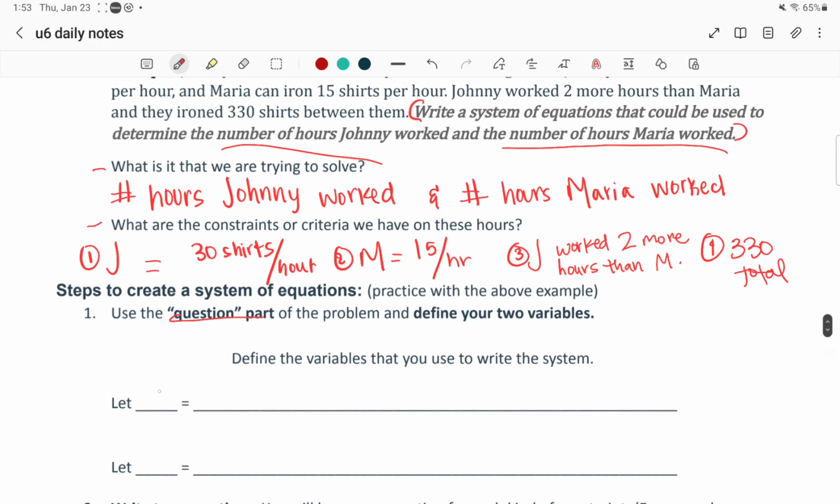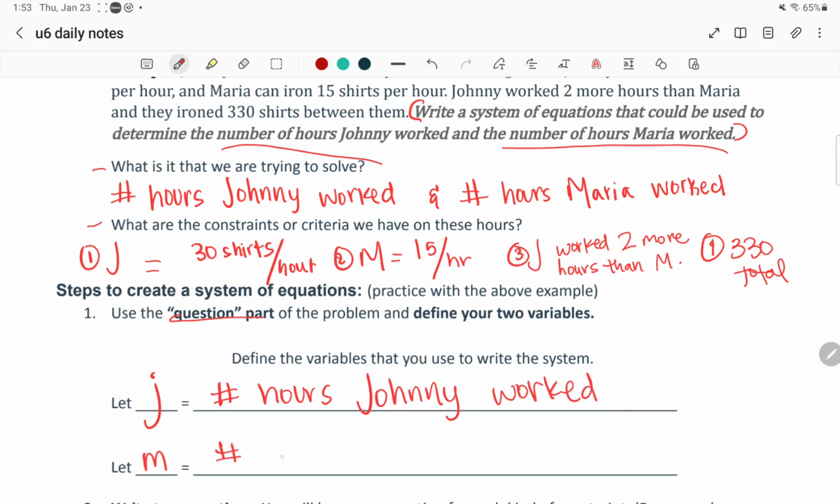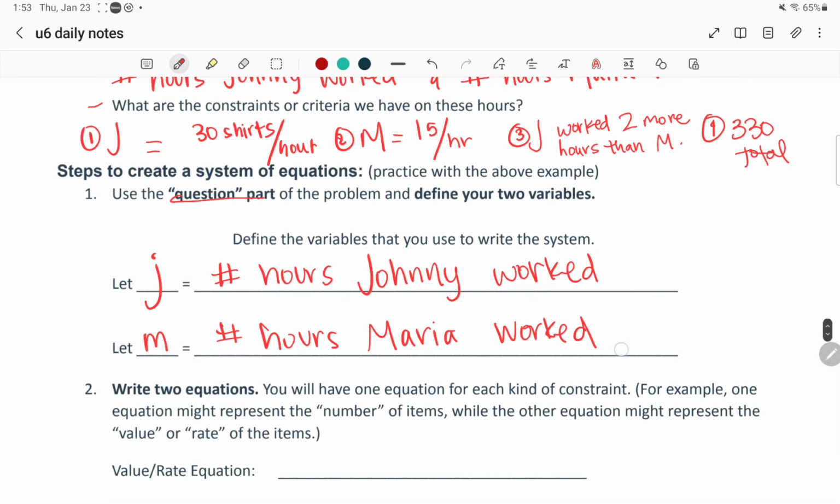So we're going to say, let's use J still. J for Johnny. J is going to be the number of hours Johnny worked. And M is going to be the number of hours Maria worked.